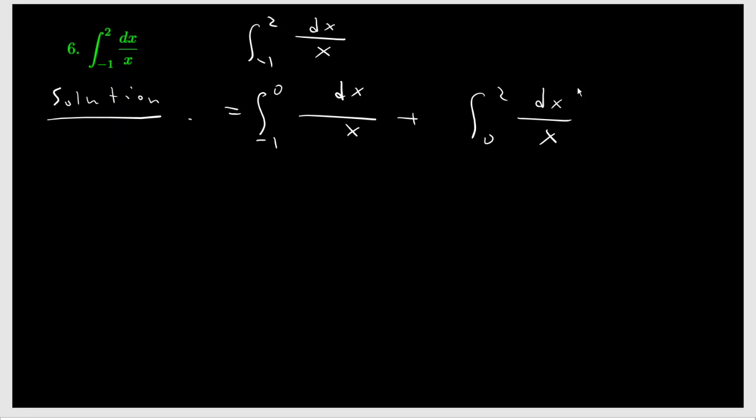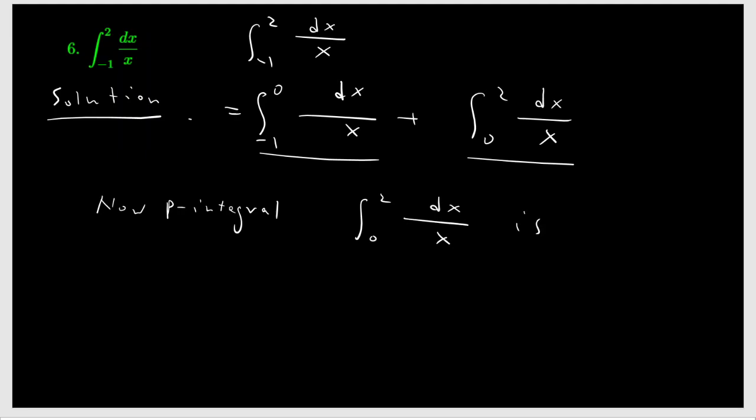So what is the right answer? Each of these two integrals is actually a p integral, in which the value of p is equal to 1. So you can just use the answer to the p integral. Take the type 2 improper p integral from 0 to 2.